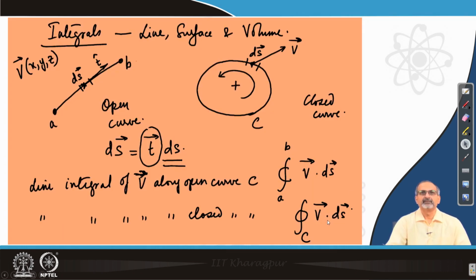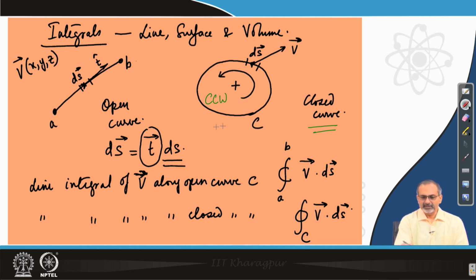Coming to integrals, we handle a lot of integrals in fluid dynamics: line, surface and volume integrals. Let us say you have a closed curve which is indicated by C, and you are traversing that curve along, say, the counterclockwise direction. Then on that curve C, you may like to draw a small vector ds, and then you are also identifying the local velocity vector at the midpoint of that ds vector.